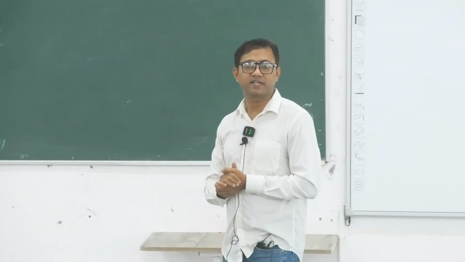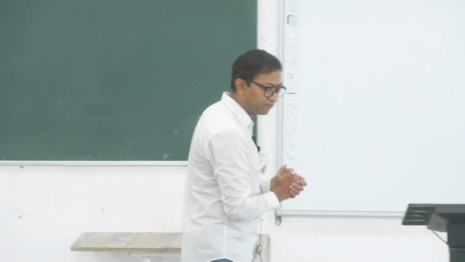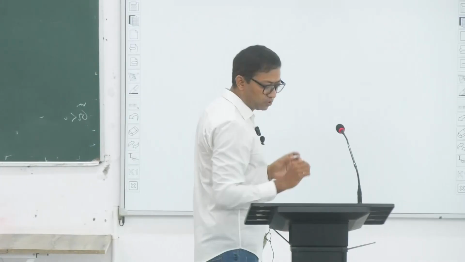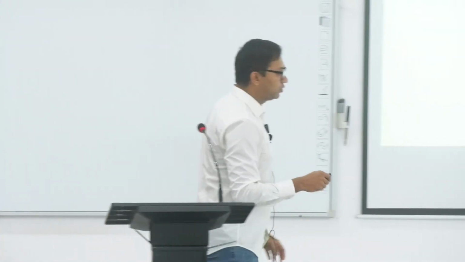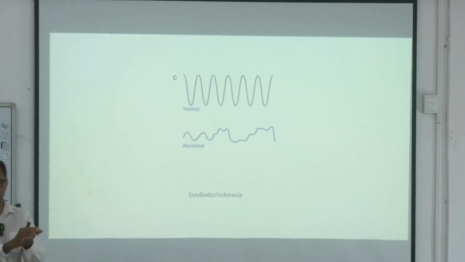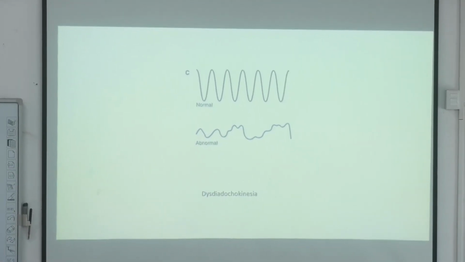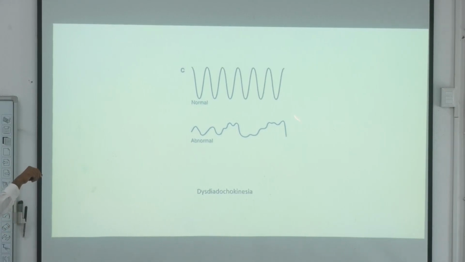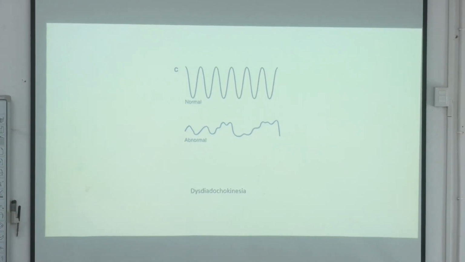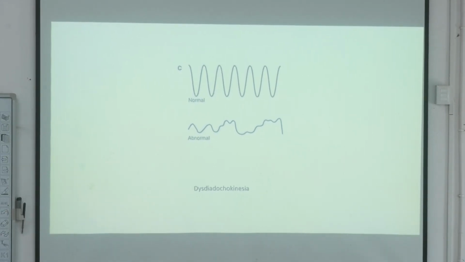In this way, we have tested rapid alternating movement. When the patient is unable to perform this, we call it dysdiadochokinesia. This is the graphical representation. This is rapid and alternate movement, pronation, supination. When the patient is unable to do so or hesitates, this is the abnormal movement in the patient of cerebellar disorder. This is called dysdiadochokinesia.